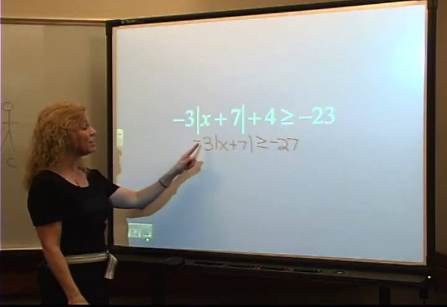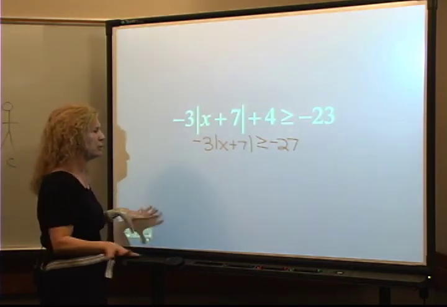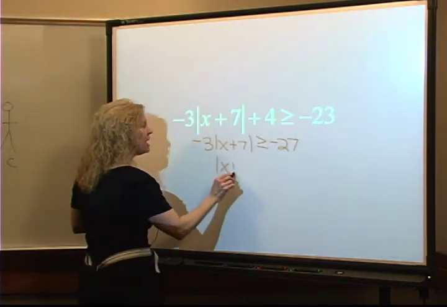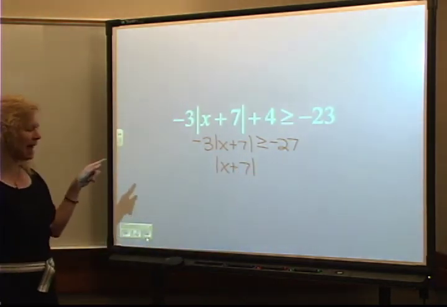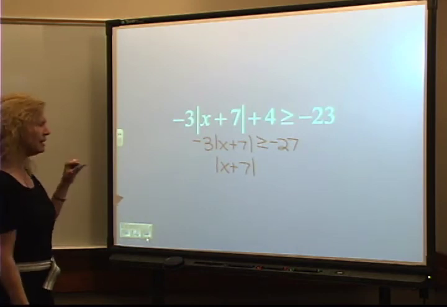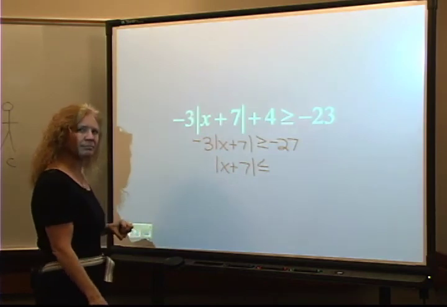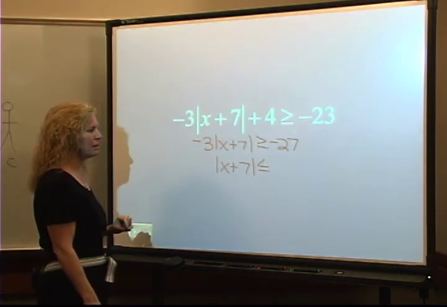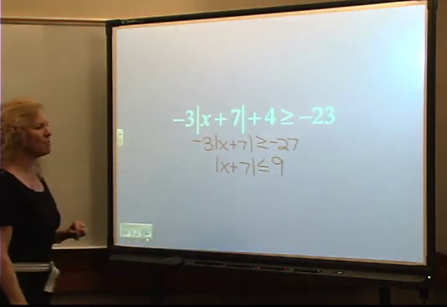Now, I need to divide off this negative 3 because he is outside the absolute value. So, I divide both sides by negative 3. And when I do that, remember, because he's negative, I have to change that inequality sign. Okay? And that would give me then a positive 9 over there.